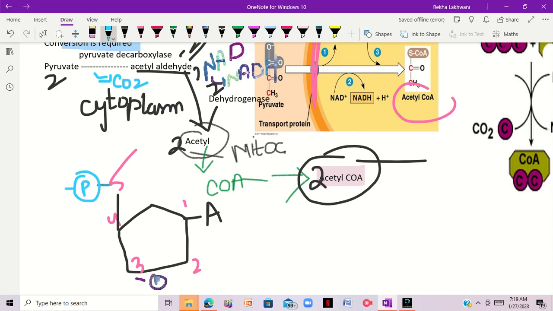And phosphate, coenzyme A is attached, and with coenzyme A there is sulfur.